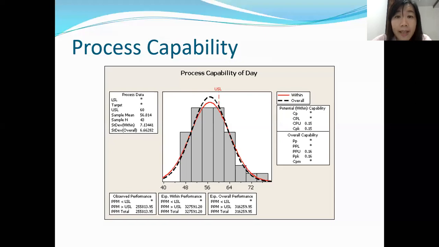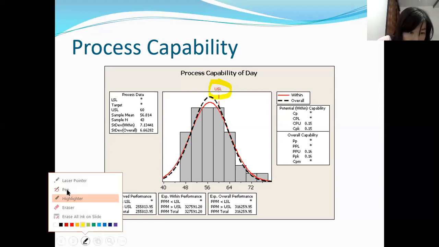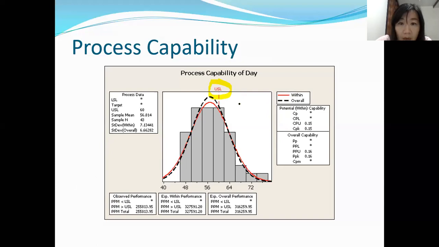And the next tool is process capability. Everybody is familiar with this Minitab output, and we can see that the process is controlled by one-sided specifications, the USL, yeah, maximum 60, lower than 60 days.